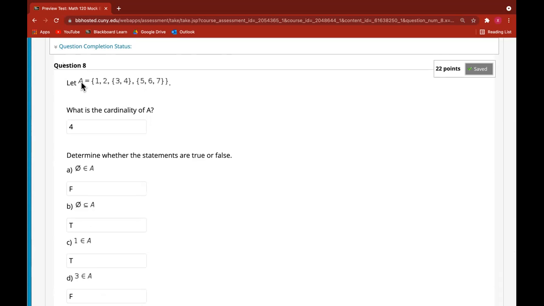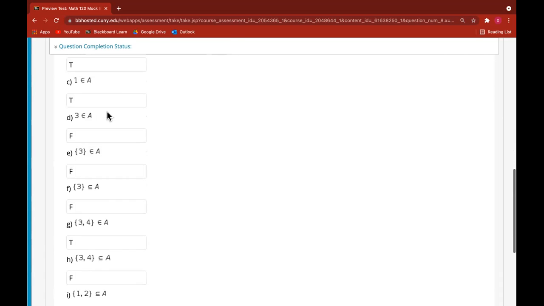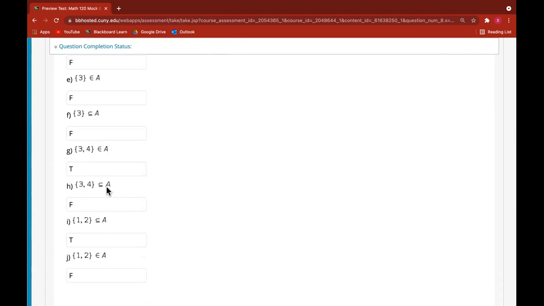No. So the answer is no. Right. So if 3 is not an element in set A, then it cannot be in the subset. Okay. You see that?